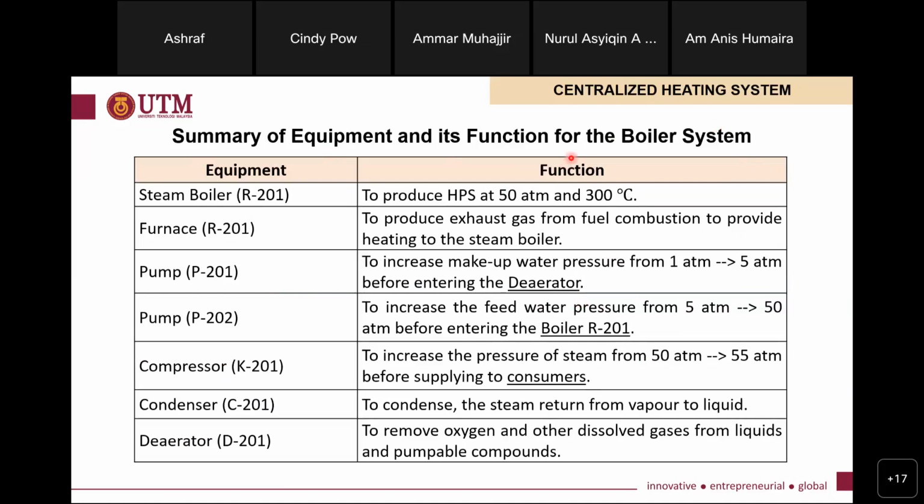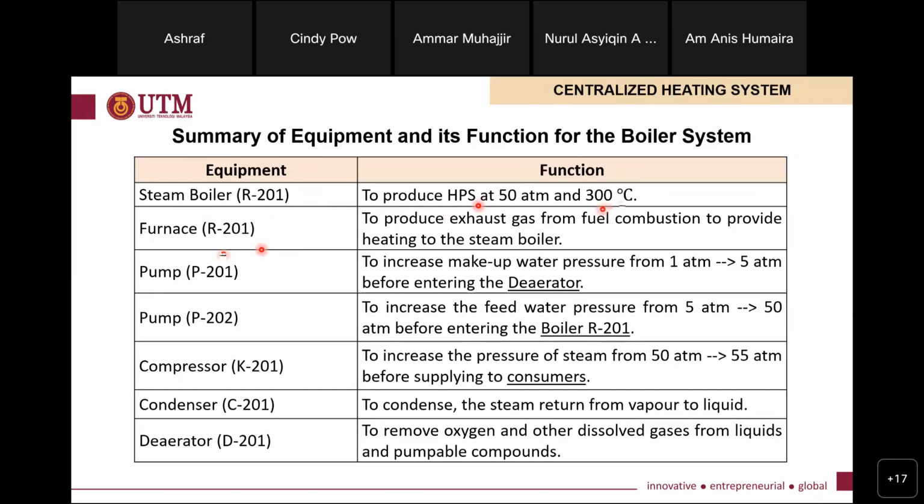The first one is the steam boiler, identified as R201. The function is to produce HPS at 50 atm and 300 degrees Celsius. Inside the R201, it consists of a furnace to produce exhaust gas from fuel combustion to provide heating to the steam boiler.